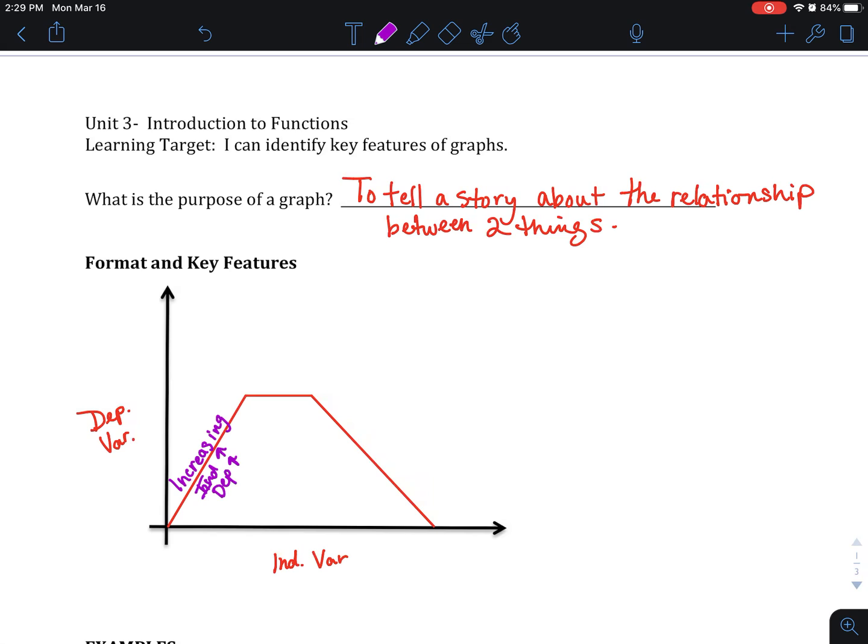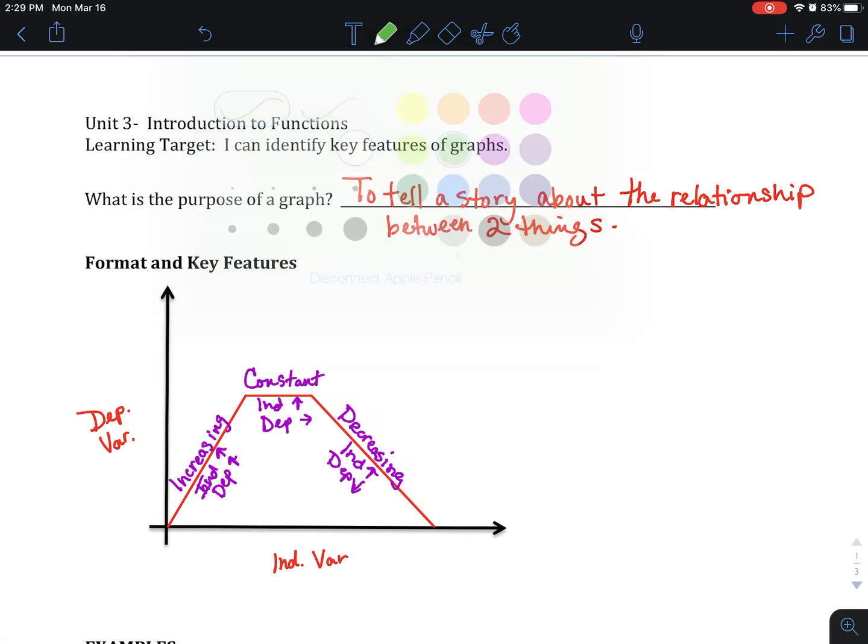This flat section along the top here, this is called a constant, and in a constant area, the independent is still going up, but the dependent doesn't change. And lastly, the last section is called a decrease or a decreasing section. And this is where, again, the independent is going up, but the dependent is going down. Okay?